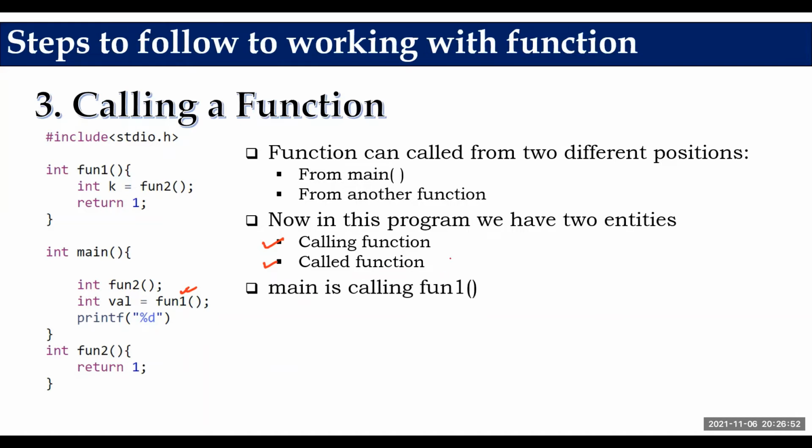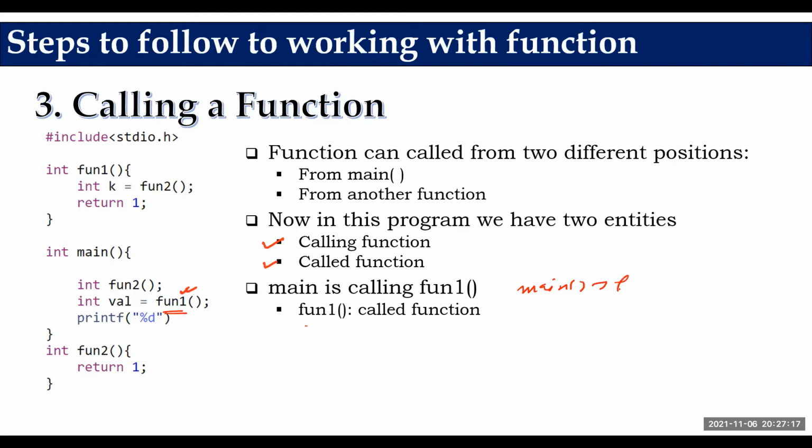So now here, main is calling fun1, correct? So what are the entities now? Calling and called. Let's see which is the called function and which is the calling function. Fun1 is the called function because fun1 gets called by main.